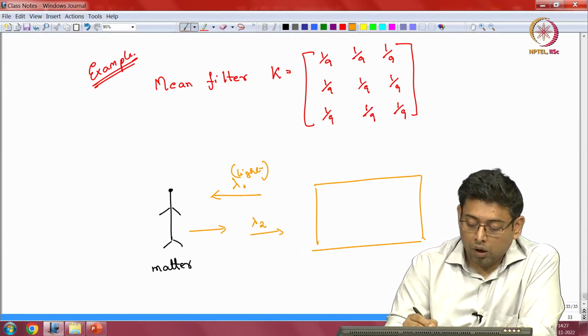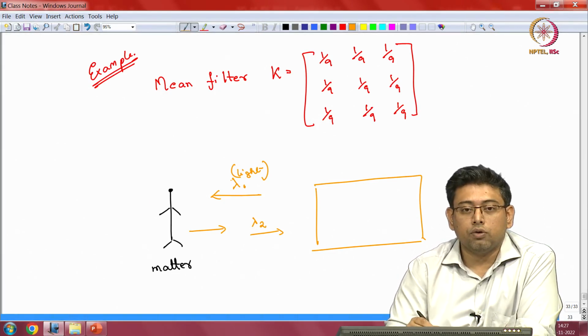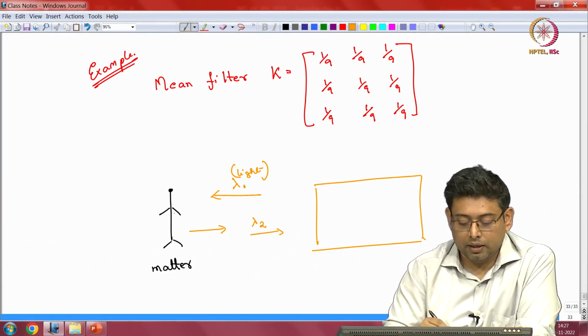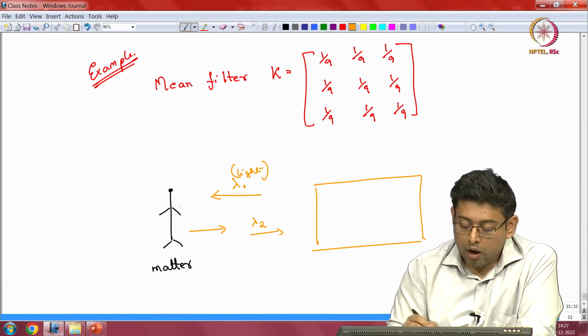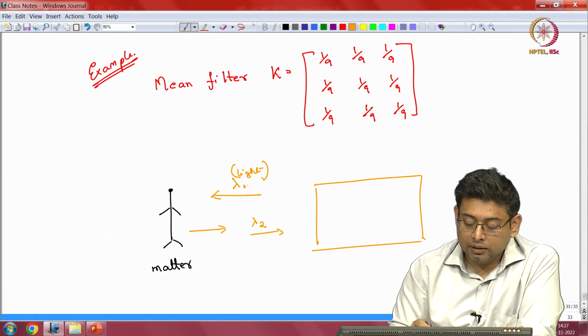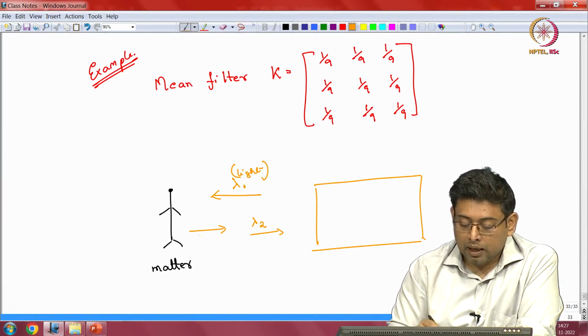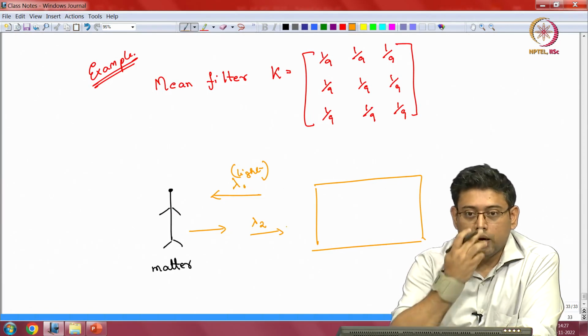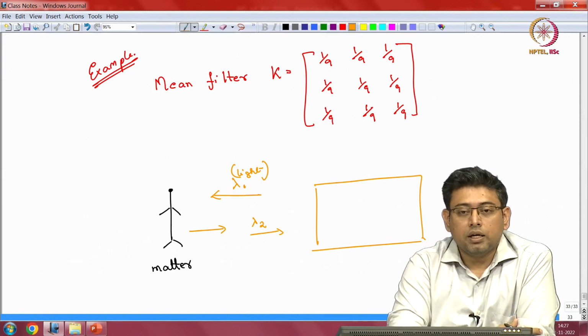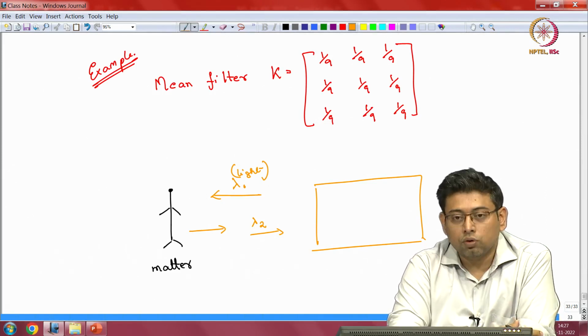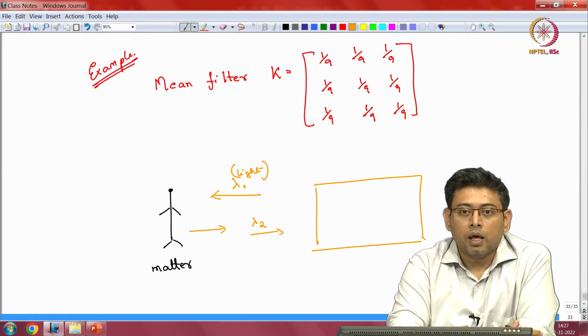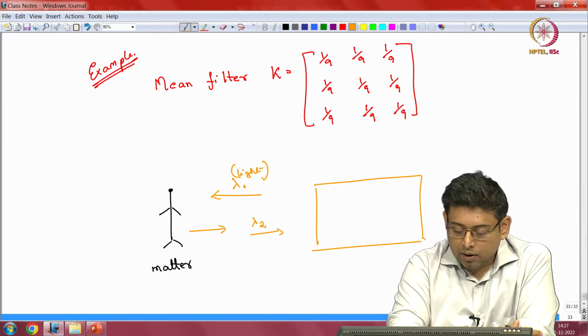Now the question is, what is this light that is falling, whether you need an external source of light that needs to fall on this or not, and if yes, then what is this lambda 1, and then the other question is what is this lambda 2, right. So a full discussion of how this happens needs to go into a lot of details about, let's say, Raman scattering, resonant and non-resonant varieties, which we will not do in this particular course.